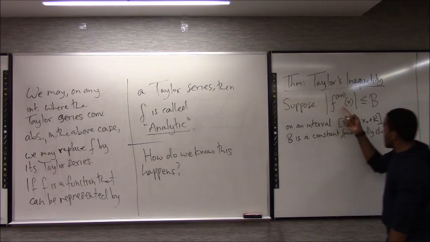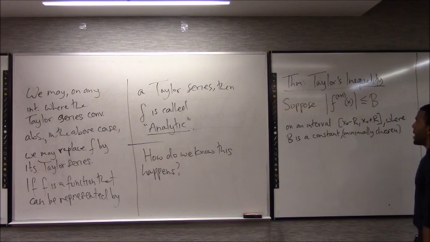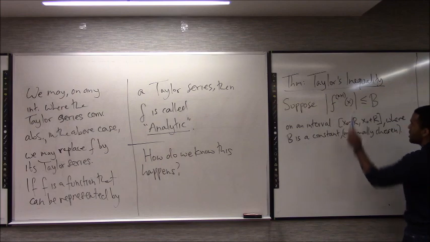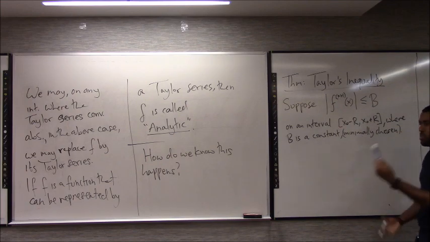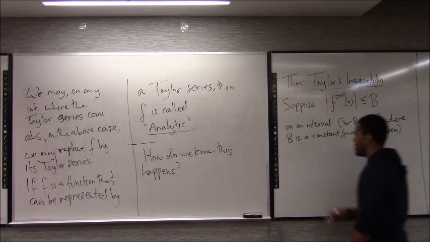So suppose our n plus first derivative is in magnitude smaller than some number that I can pick. So say, if I compute this, whatever that expression is, it's always going to be less than 5 on this interval, and I can pick a number 5 and make that true.